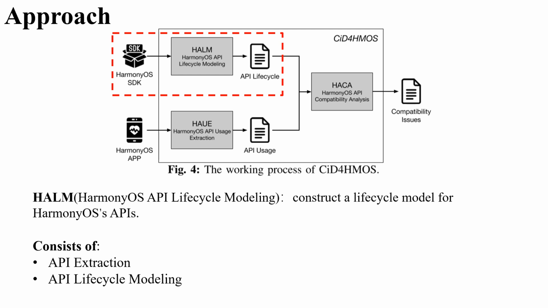HALM is structured around 2 pivotal stages: API extraction and API lifecycle modeling. Through this phase, we have developed a lifecycle model that can pinpoint the exact addition and removal dates of any API within the HarmonyOS SDK.